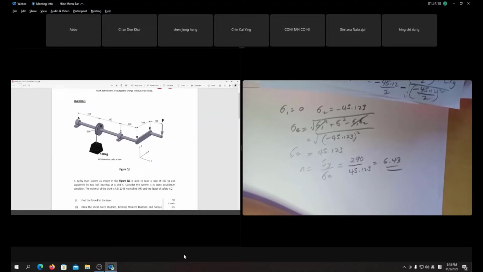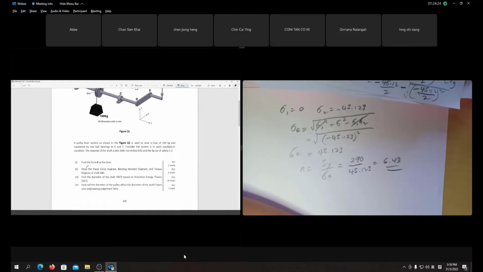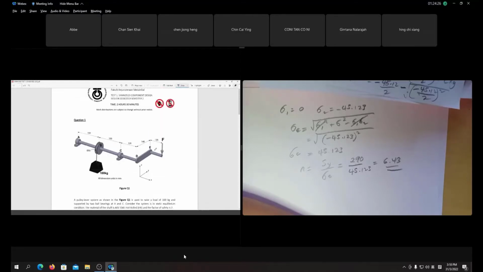In this case, if you make the shear diagram, finding the force at the lever is no problem. How do you find the force here? Summation of torque is 0. This axis, along the shaft here.